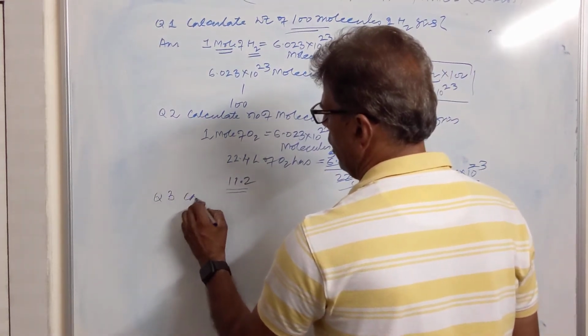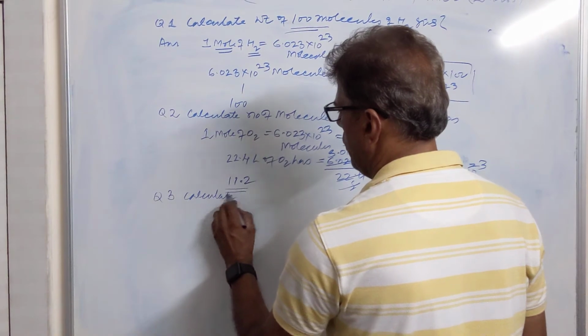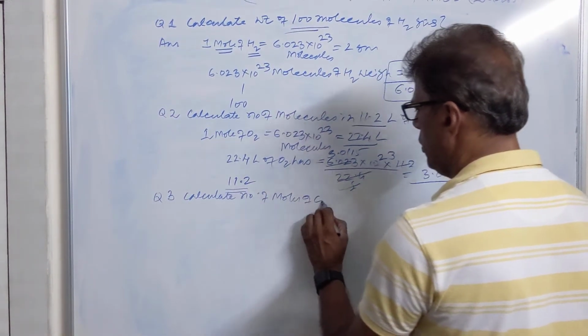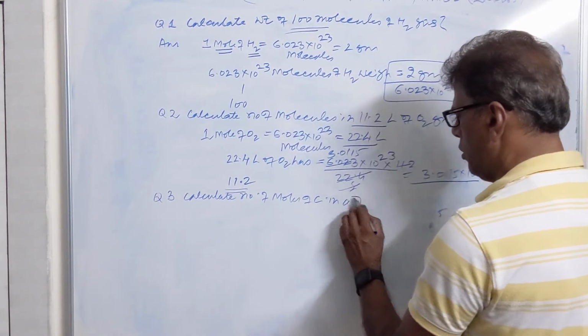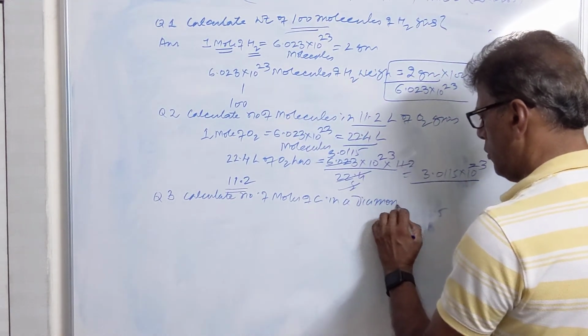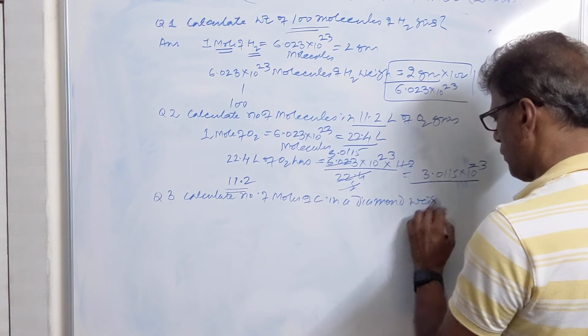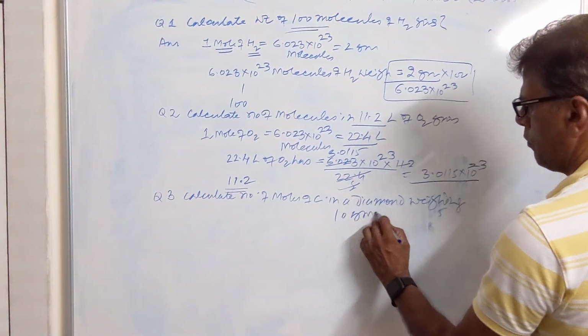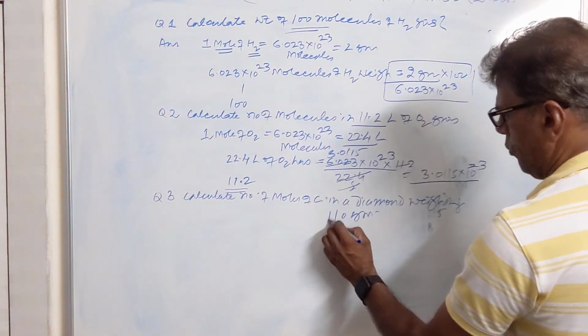Then we have to calculate the number of moles of carbon in a diamond weighing 120 gram.